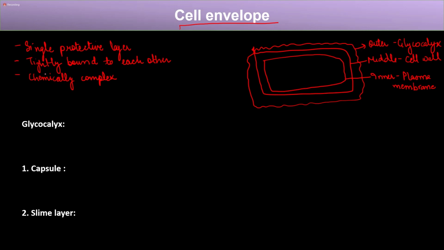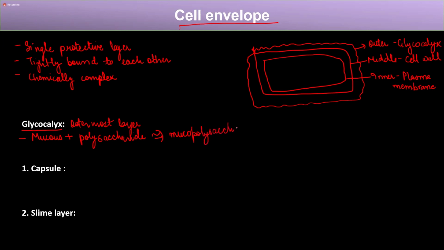The first component is glycocalyx. It is the outermost layer of the cell envelope. It is made up of mucus plus polysaccharide, and hence it is also known as mucopolysaccharide.